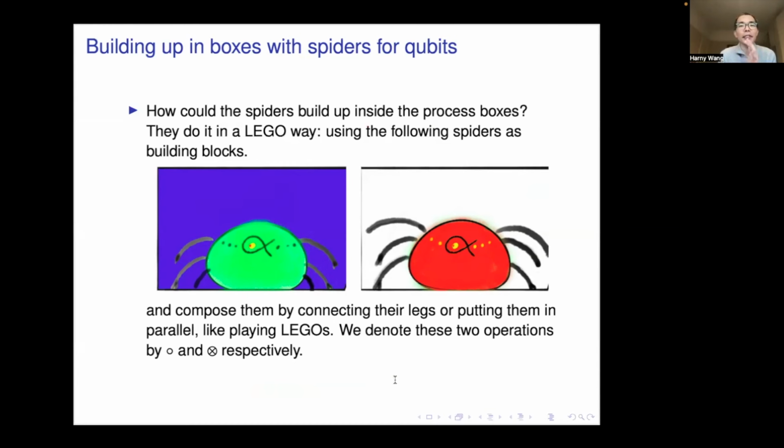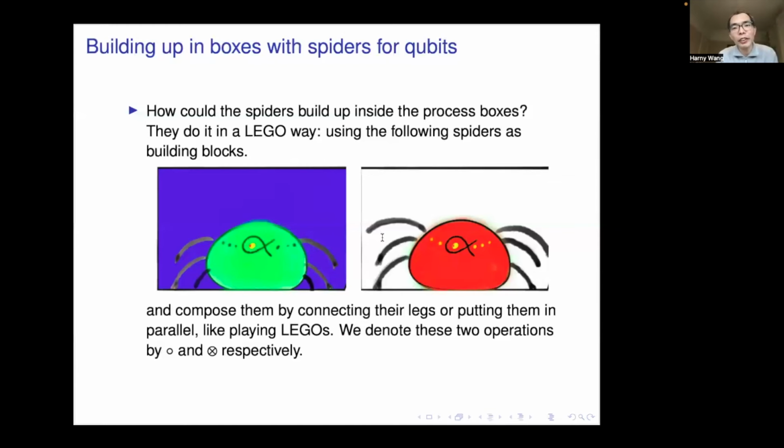So what is the idea of qubits for the ZX way to fill in the general process box? Basically, we can do it in a Lego way. You can treat the green spider and the red spider as Lego.